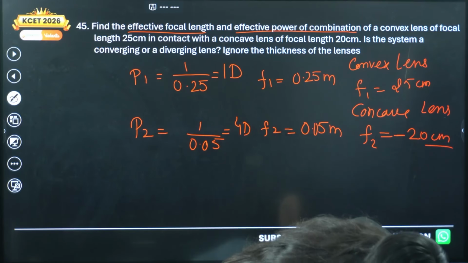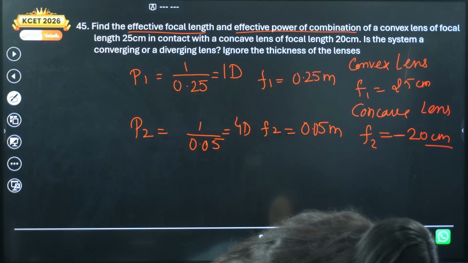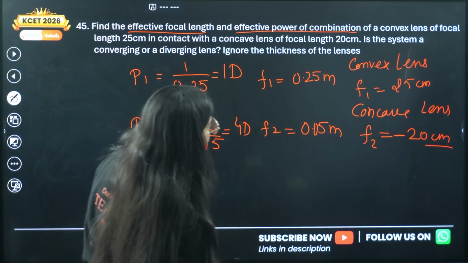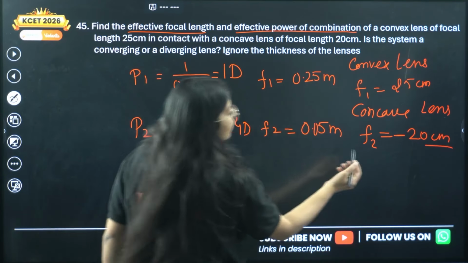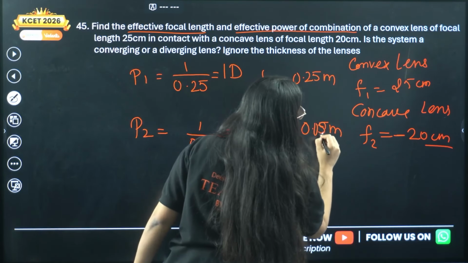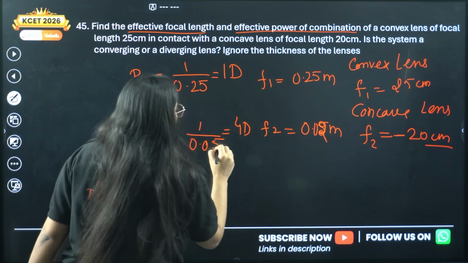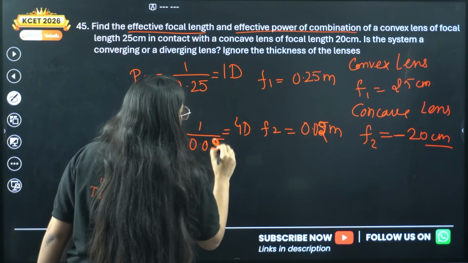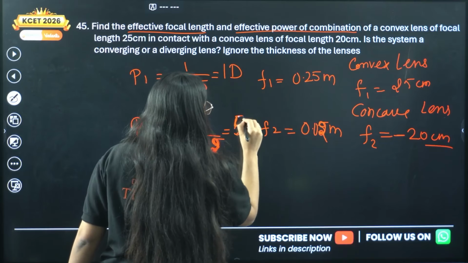Correct? 4 diopter or what? P2 is 0.05 diopter. What did I do? Oh, I directly calculated it. Here this will be 0.02 meter. So this will be 0.02 and then this will be 5 diopter, correct?